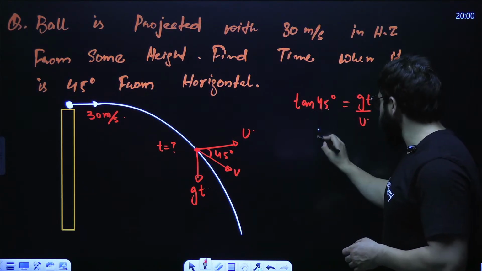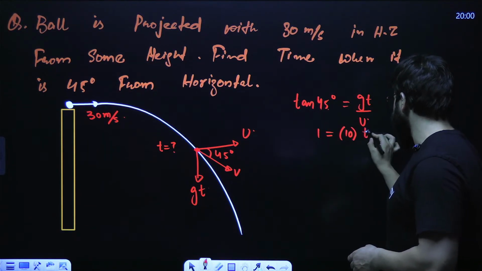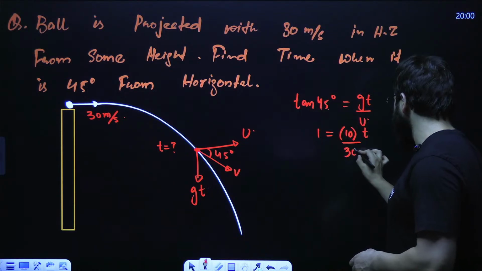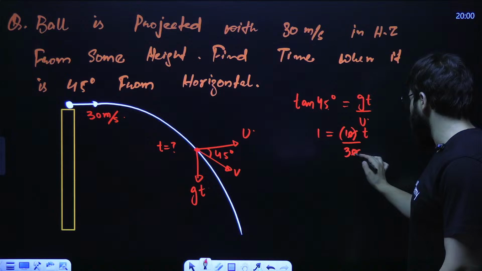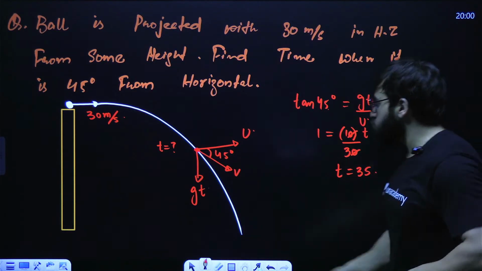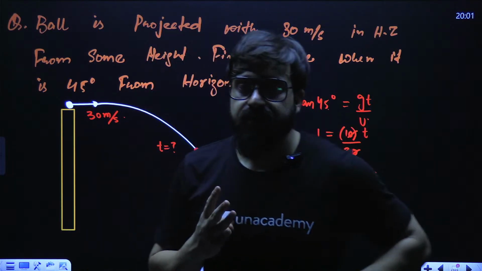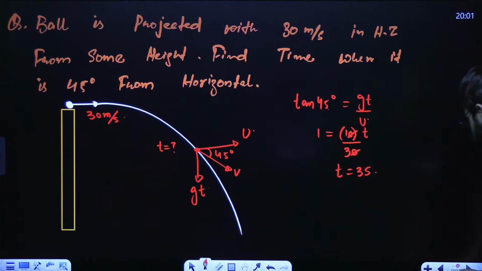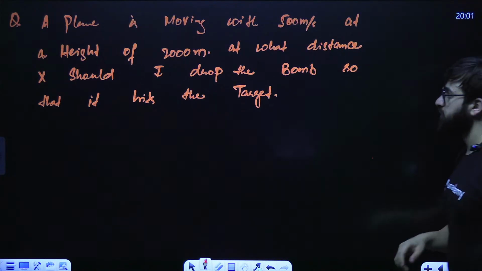So 1 is equal to g, which is 10, into t, and u is given as 30. So t will come out to be 3 seconds. So after t equals 3 seconds, the ball will be making 45 degrees with the horizontal.